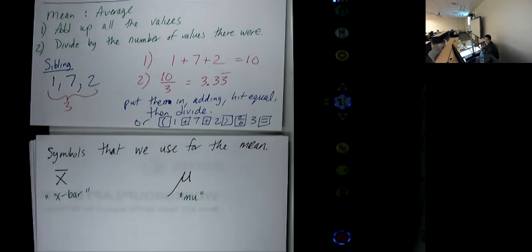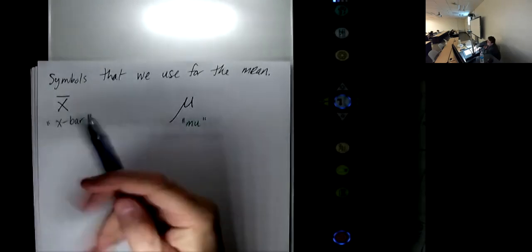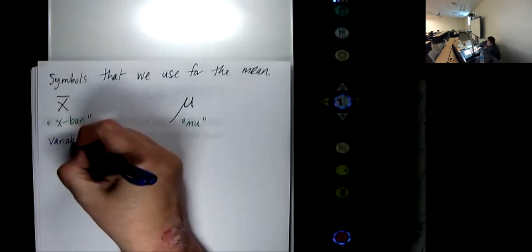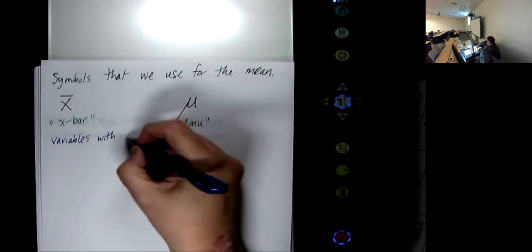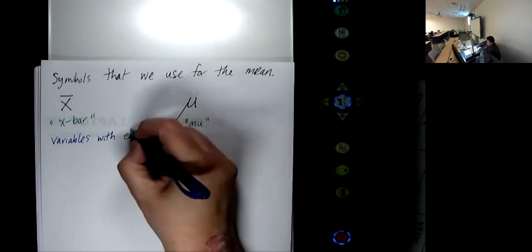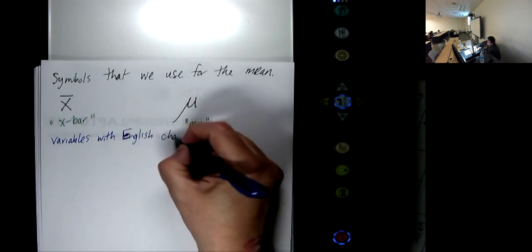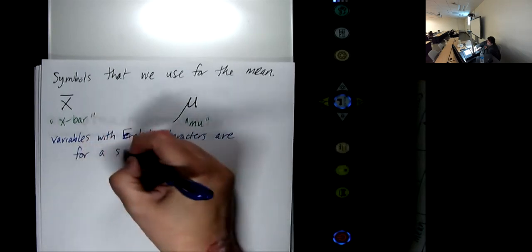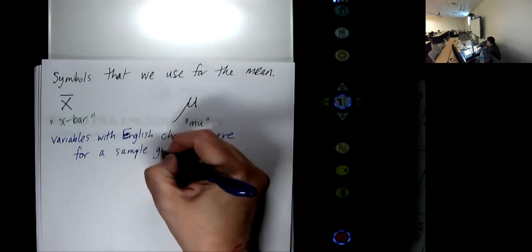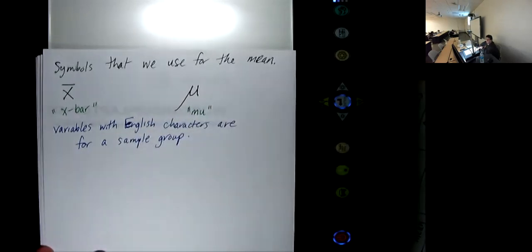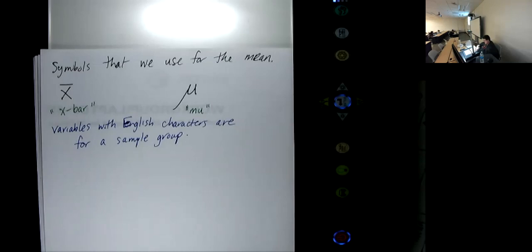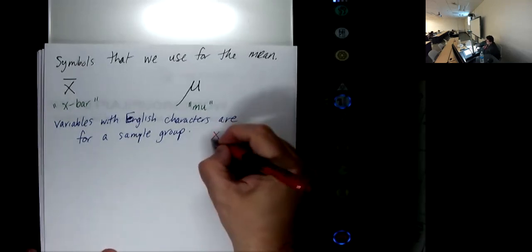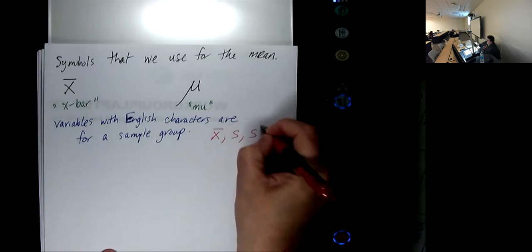And this is true for all of the variables we will use in this class. Variables with English letters, characters, are for a sample group. The ones we'll see in this class for that are X bar, S, and S squared.